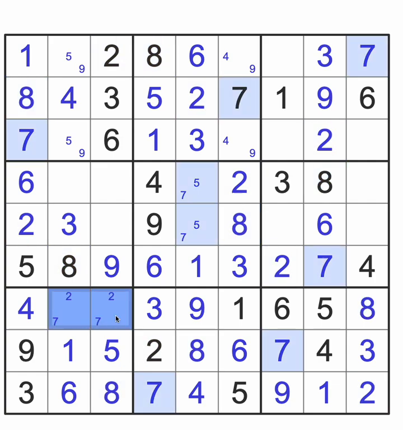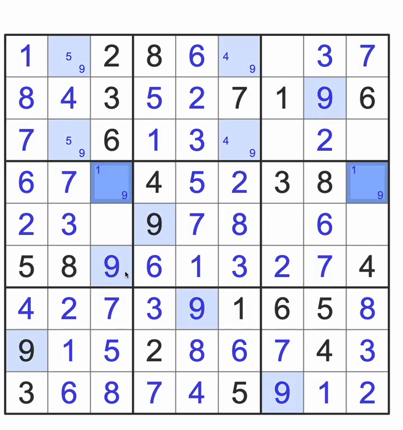These are 2 and 7. 2 gives me 7. And 2. 7 blocks these. Gives me 7. 5. 7. These are 1 and 9. 9 is here, so this is 1.